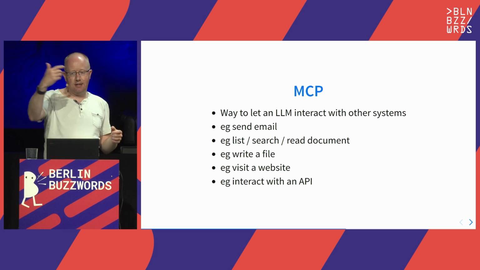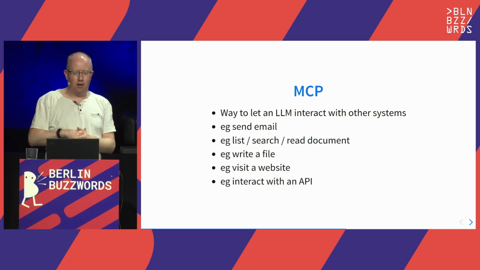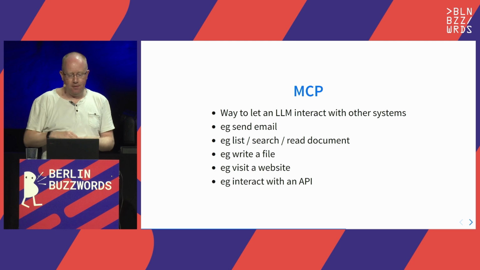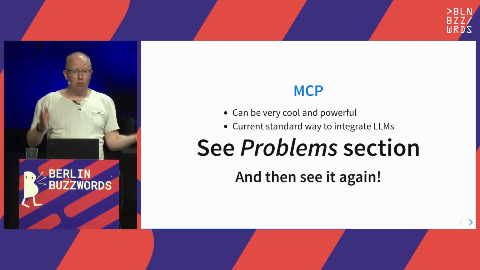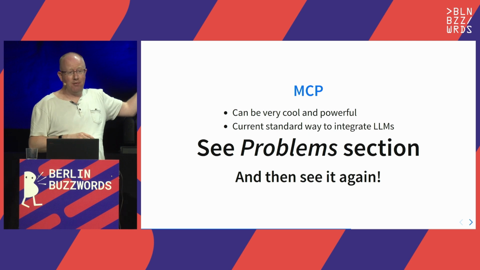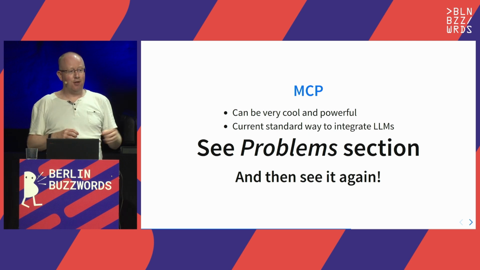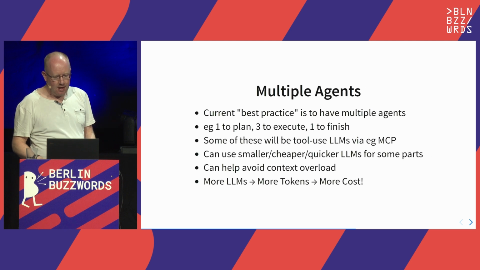It could be it listing all the files in a particular directory or a particular bit of your SharePoint. It could be writing a file. It could be interacting with another LLM as well. So it's very cool, it's very powerful. If you want to build complex systems, you're probably going to want to use this method, but see the problem section and see it again. Untrusted input plus your local company SharePoint equals bad things happening. So bear that in mind.